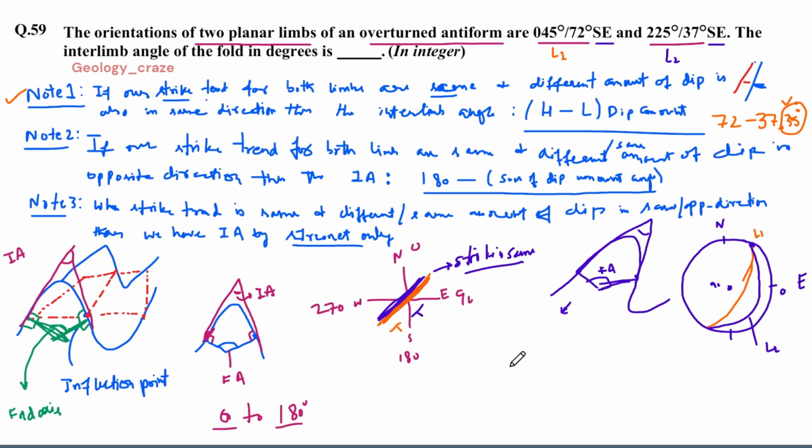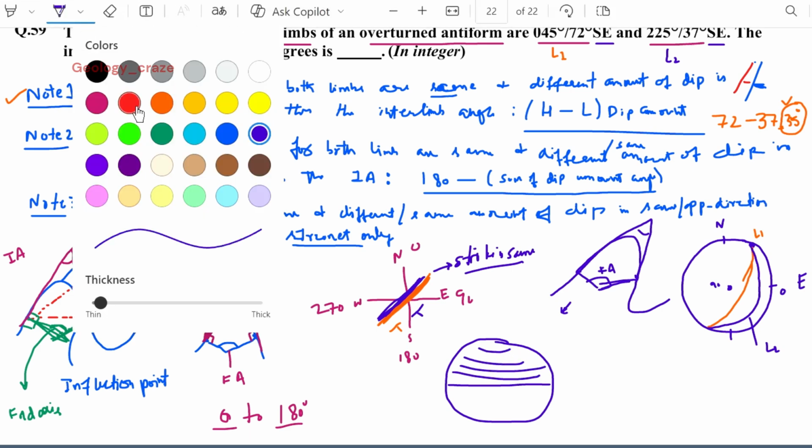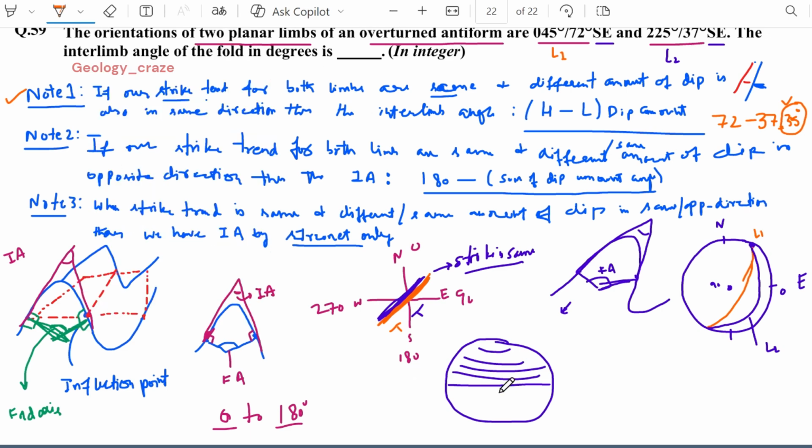In our stereonet, two types of circles are there. One is like this, the other one is like this, and another one is like this.